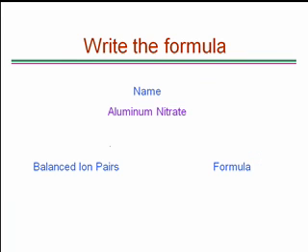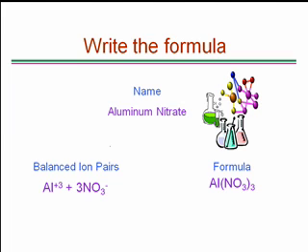Take a look at this example. Please write the balanced ion pairs and the formula. So pause. So the balanced ion pairs are this, and here's the formula. So how do we do this? This is another skill I'm going to ask you to do, taking the name and going backwards and writing the formula. You always need to do this step when going in either direction.